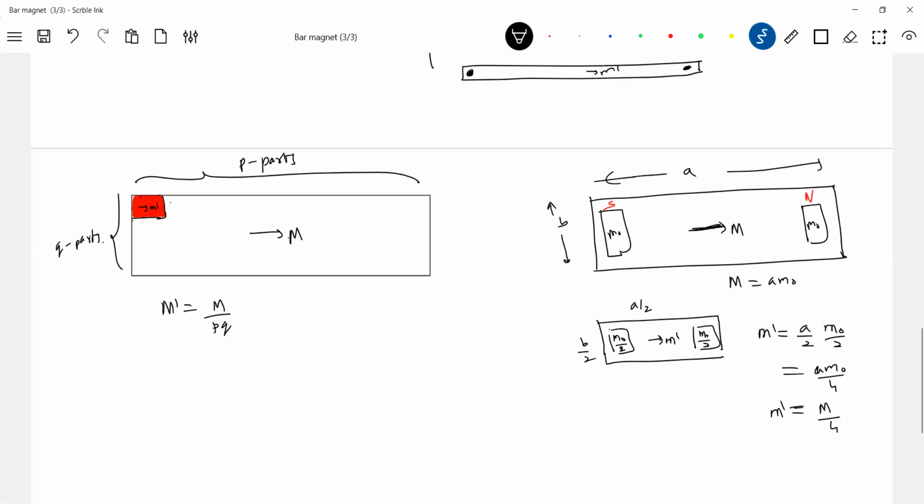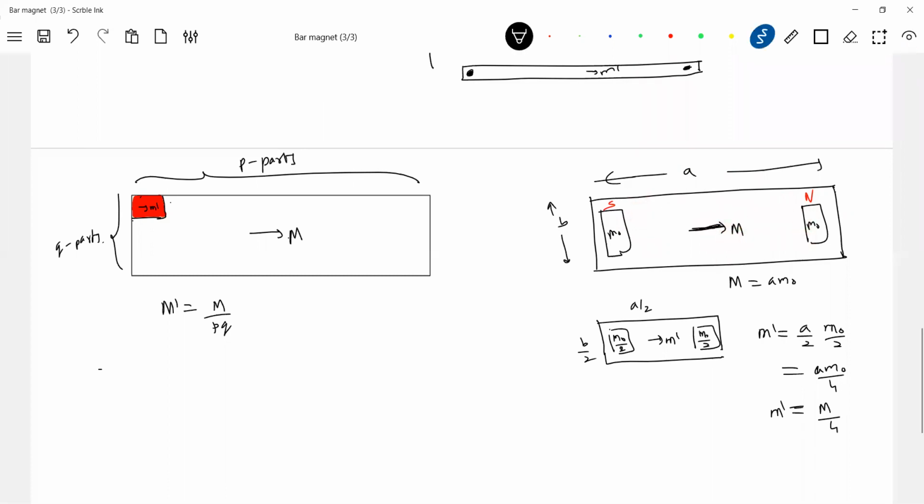Some student may ask, sir, if I remove these two poles, then there won't be magnetism. Not like that. It is a representation. If you just erase it, it is not that there is no magnetism. The overall magnetism of this bar magnet we represent by this pole strength. The idea of pole strength is very important for us, or the magnet's dipole moment.